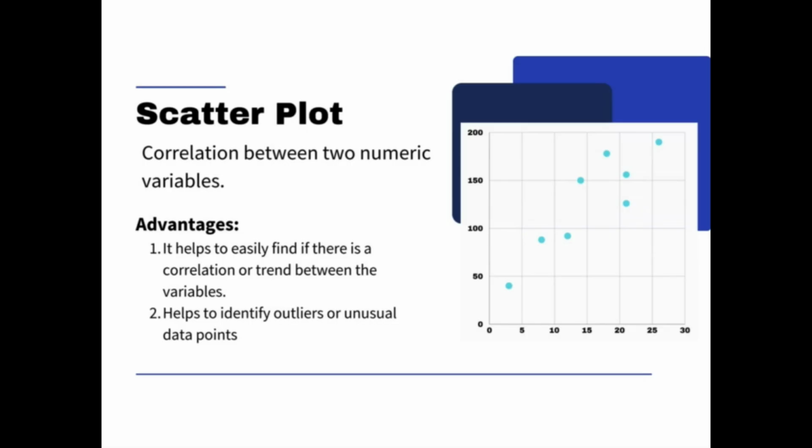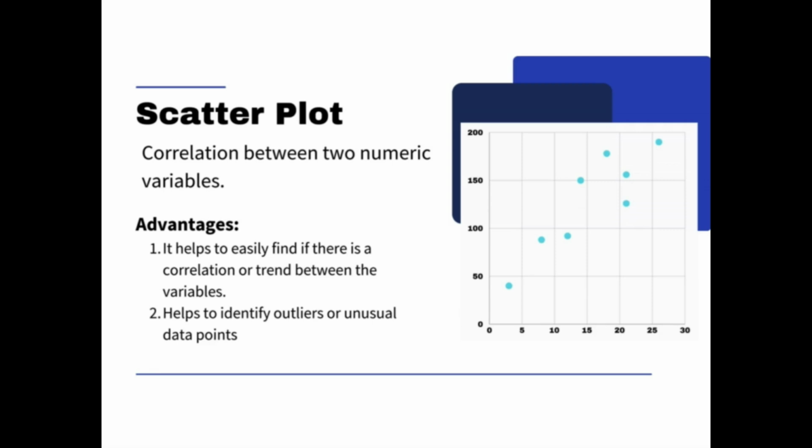So the first option is our scatter plot. The scatter plot will show the relationship between two numeric variables. Make it a point that it's a correlation between two numeric variables.